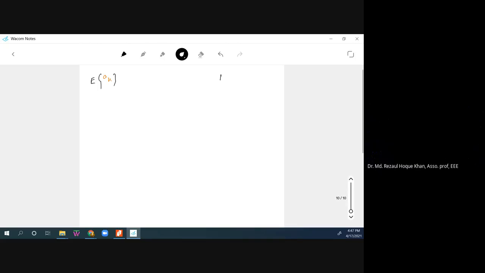Now we know our pulse can be expressed as AK, so the value of AK is either A or minus A. What is the probability that its value is A? Half. What is the probability that its value is minus A? Half.